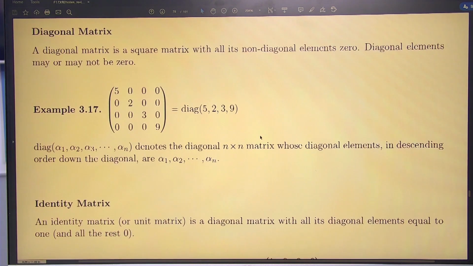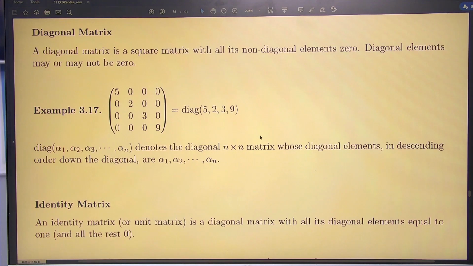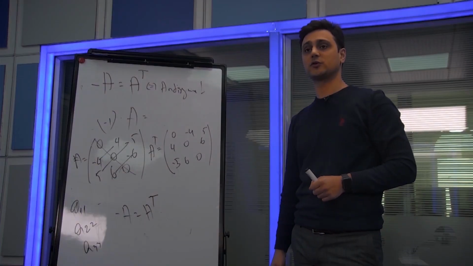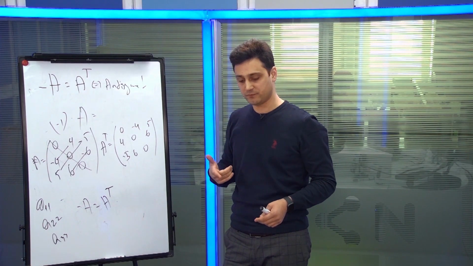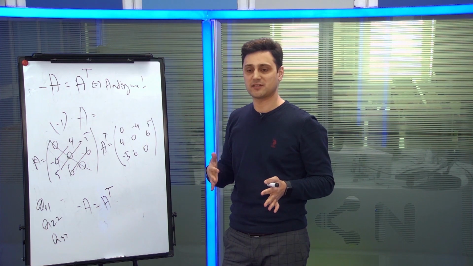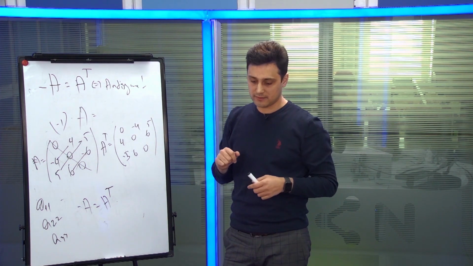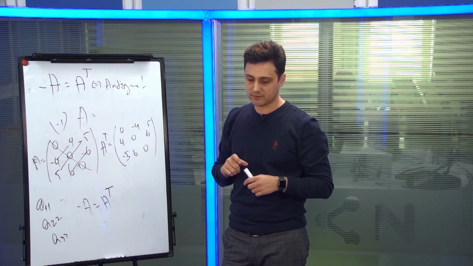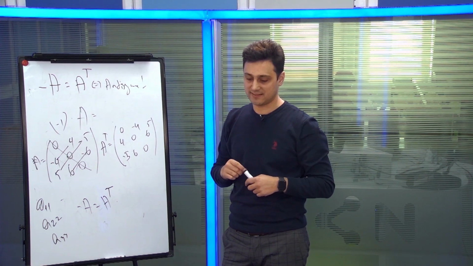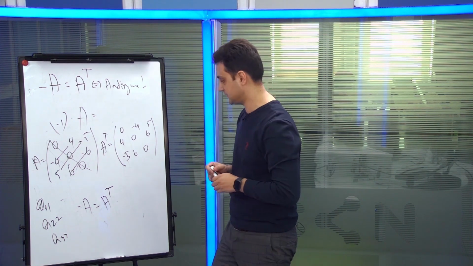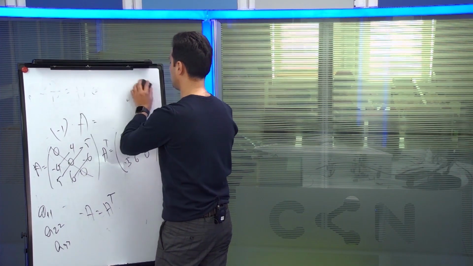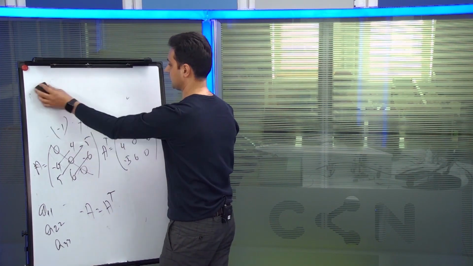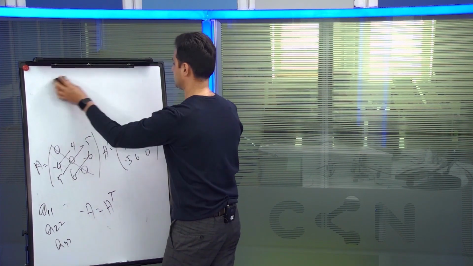Diagonal matrix. Another notation for a special matrix is the diagonal matrix. It is a matrix with only diagonal elements non-zero. Other elements must equal 0. Actually, we say non-diagonal elements are 0, not diagonal elements, because a square 0 matrix is also a diagonal matrix, right?